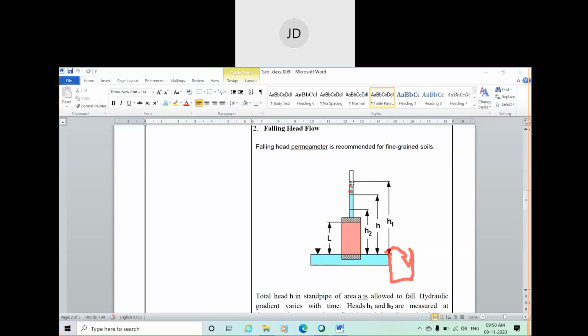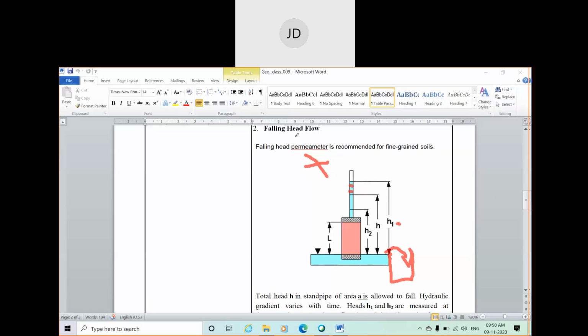That means the head is gradually decreasing, since water is coming out and there is no continuous flow of water. This is the difference between the falling head test and the constant head test. Here constant flow of water will not be there. At different time intervals you can measure the head of water, like h1, h2, like that.